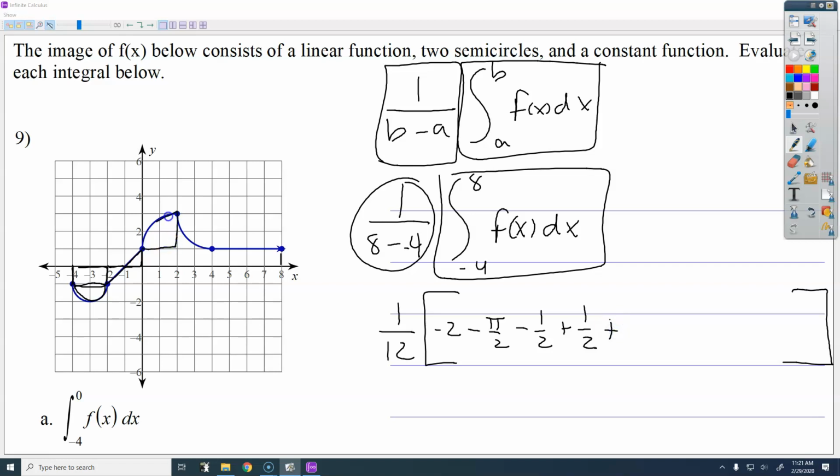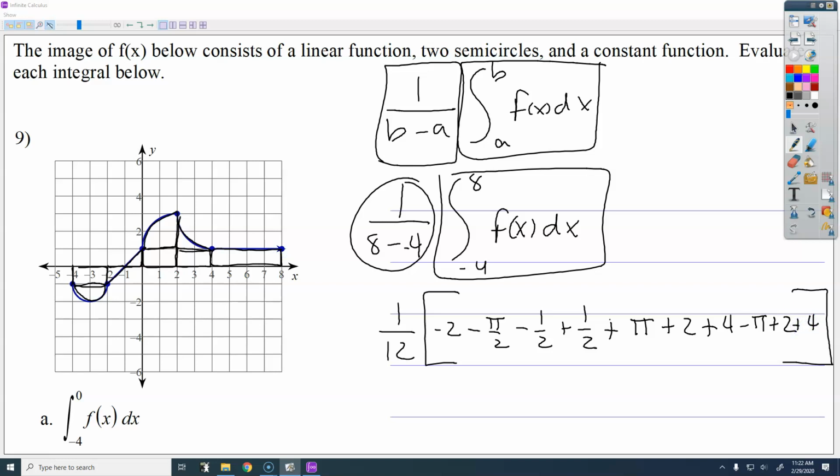Then we have a quarter circle. And then we have a rectangle. Then we have our wedge, which we said was 4 minus pi. And then we have a little rectangle underneath of it. And then finally we have the last rectangle, which is 4.